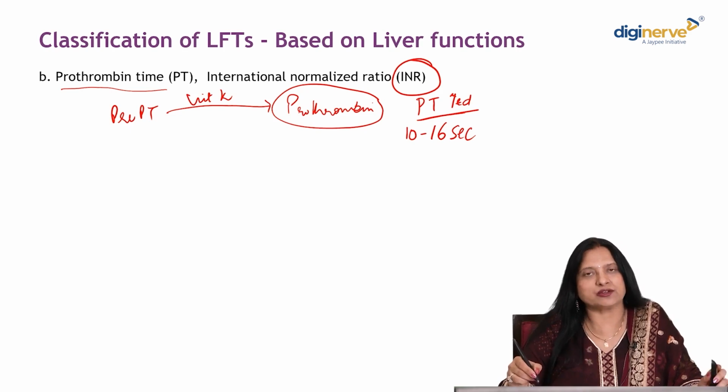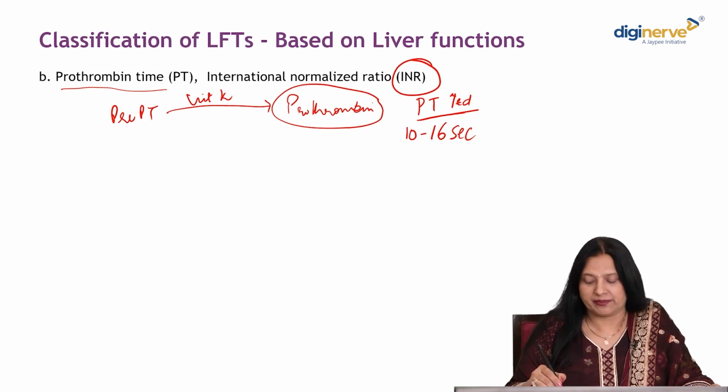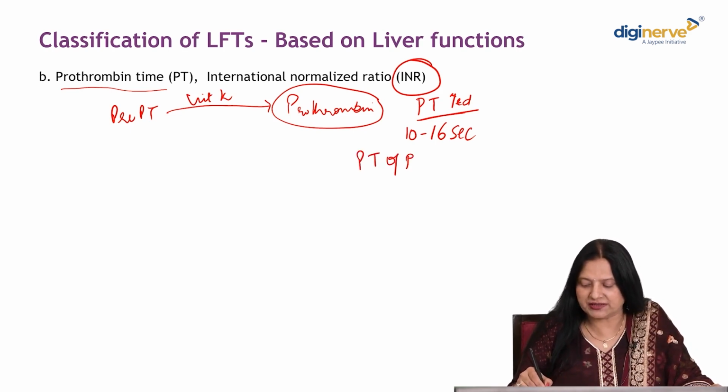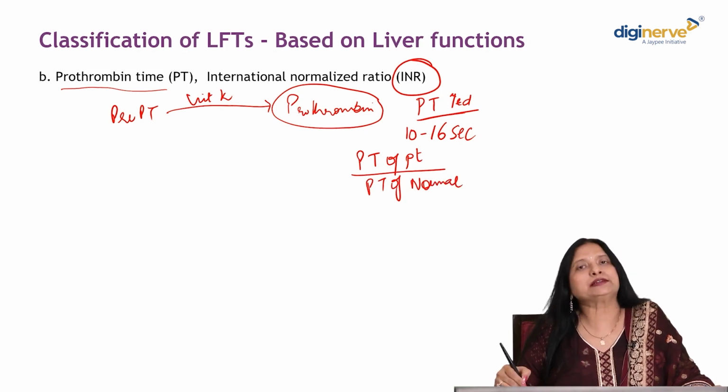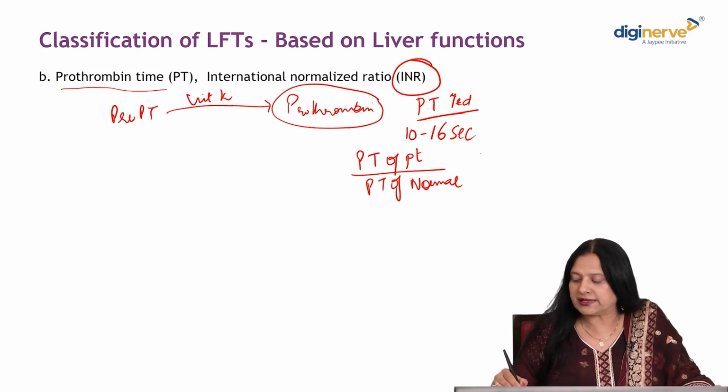It is the International Normalized Ratio, and it is basically the prothrombin time of the patient divided by the prothrombin time of an average normal person. This ratio normally is from 0.8 to 1.1.